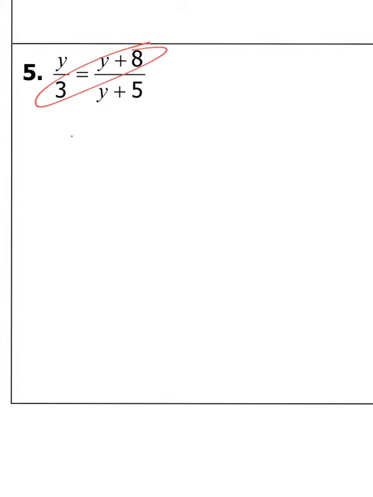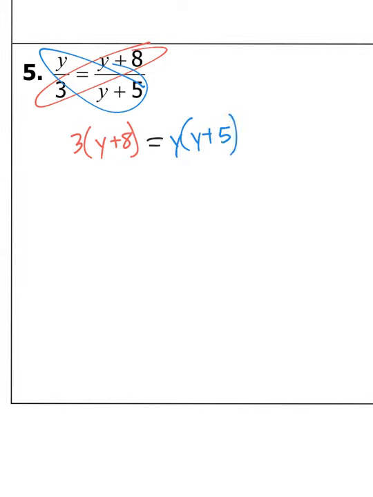All right, this one's going to be a little bit harder. When we cross multiply, some of you might already see it, we're going to get 3y plus 24 equals y squared plus 5y. So again, we're going to have to move everything over.